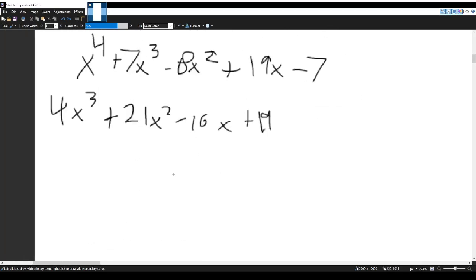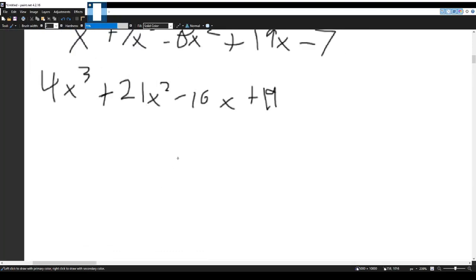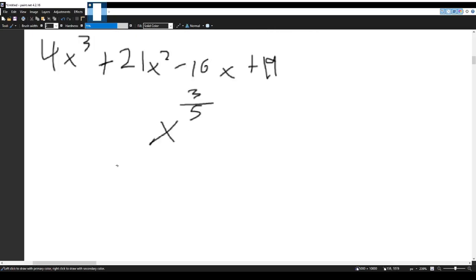Another way to use the power rule is with exponents that aren't integers. So even if you have like x to the 3/5, you do the same thing. For the derivative, you multiply by this out front, and then you subtract 1. So that would be what? Negative 2/5.